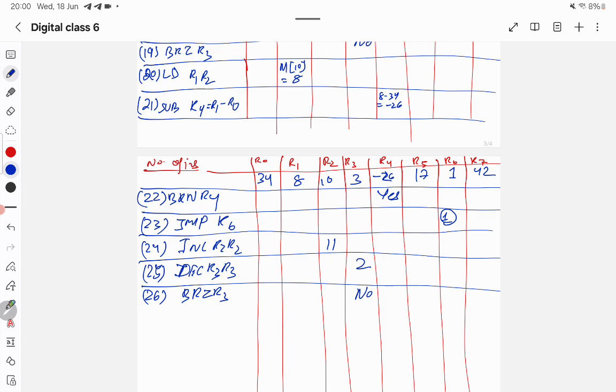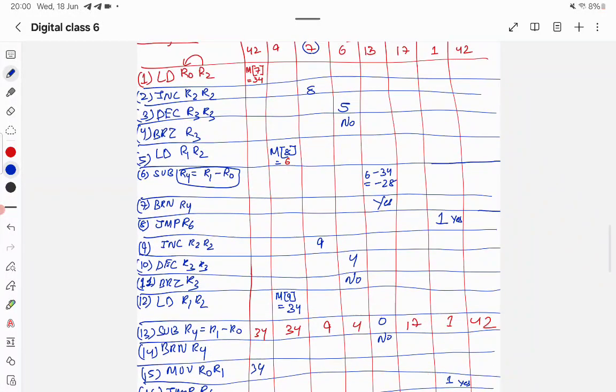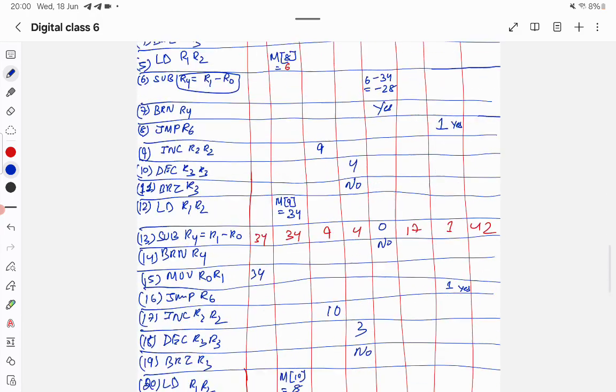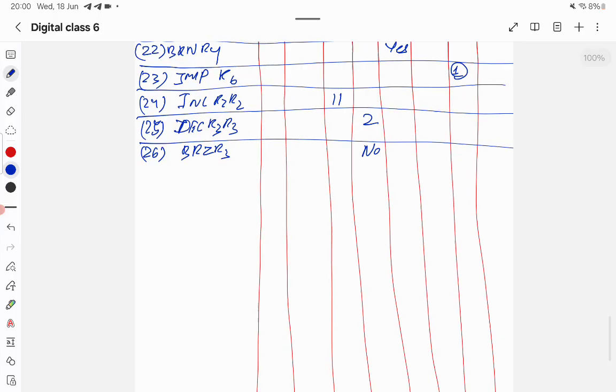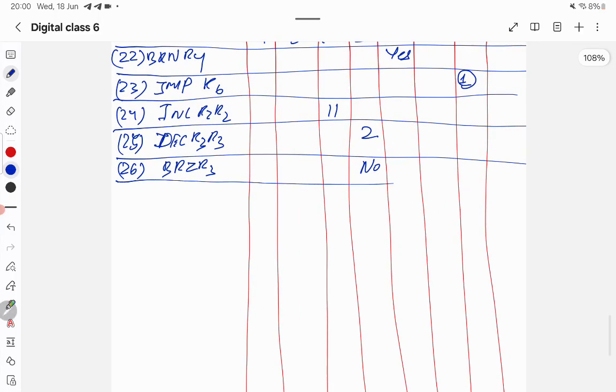No. Decrease R3 by 1. You are doing the same thing again from the beginning. Now BRZ R3. Is R3 0? No.